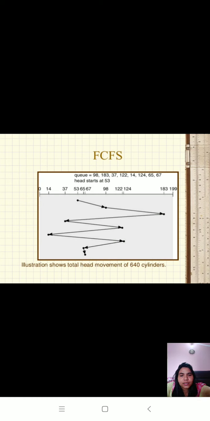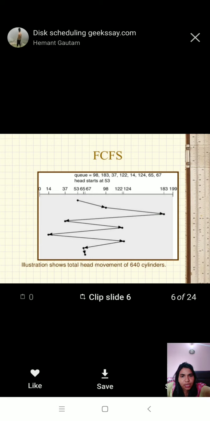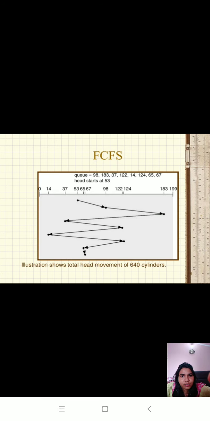calculate their differences, like you have to calculate the difference 98 minus 53, and then you can calculate the difference 183 minus 98.